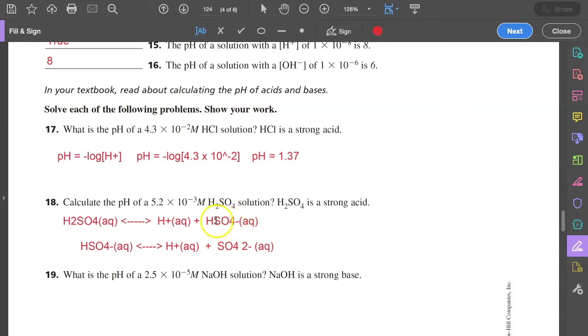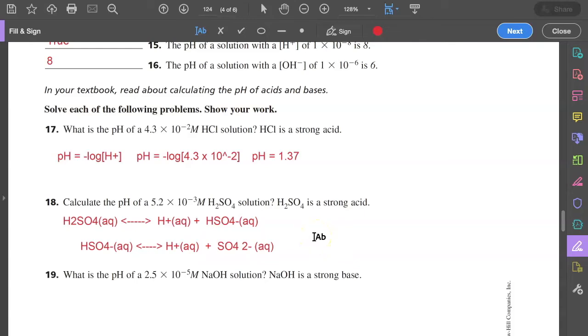However, this, which is a conjugate base in this reaction, is not a strong acid. And so therefore we can't just say that it dissociates completely to give us hydrogen ion and the sulfate ion. In fact, it would not be anywhere close to being double the hydrogen concentration when it's all said and done. This is not something I would give you on the test at this time, but most likely we would cover something like this in our college chemistry class.